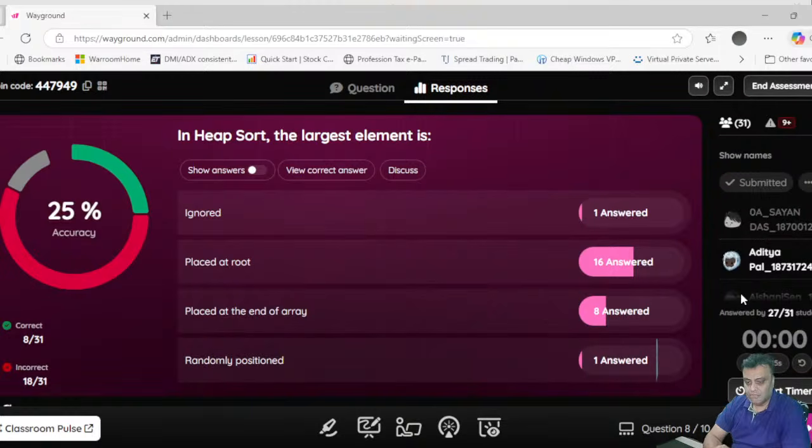The largest element is placed at the end of the array. This is heap sort. So when we are sorting, not heap. Placed at the root is when you are at the heapify process.